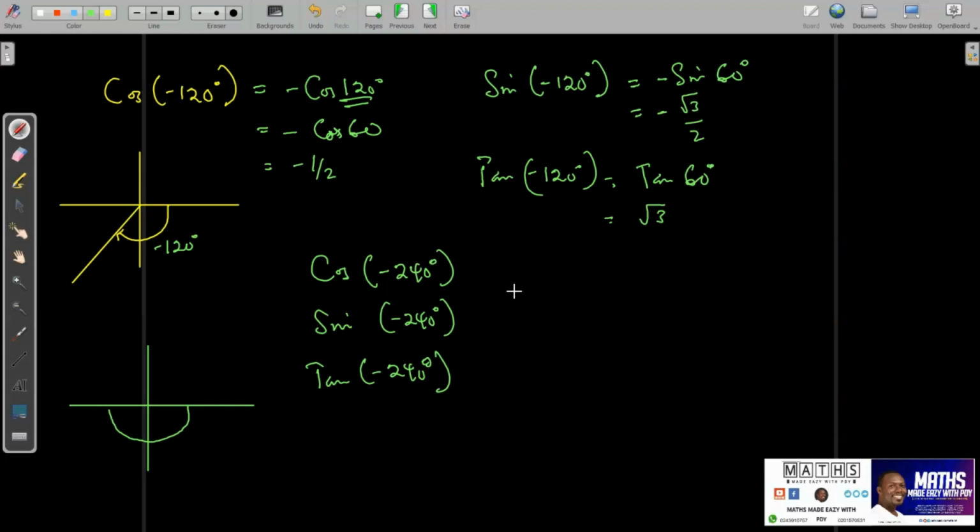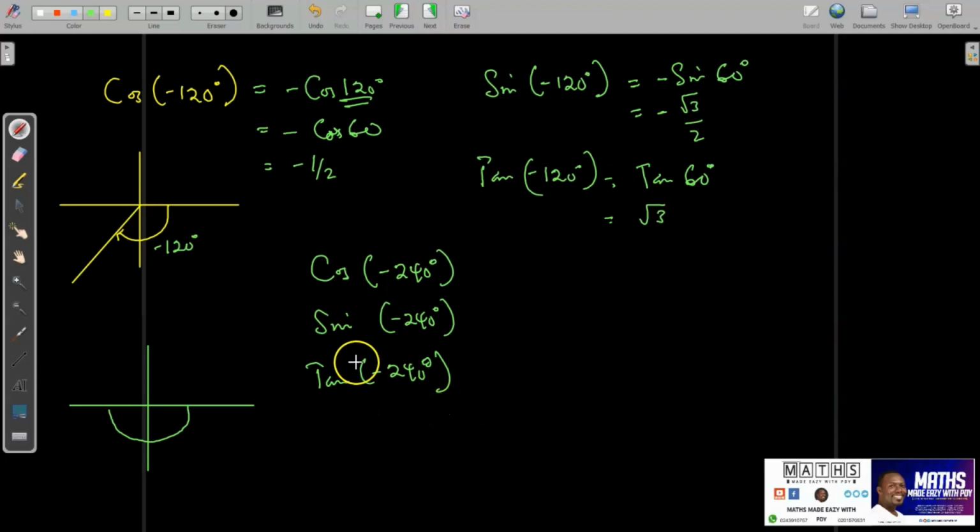Okay, all right. So this time around, we are looking at negative 240 degrees. I asked the question, which quadrant will negative 240 degrees find itself? In the second quadrant.